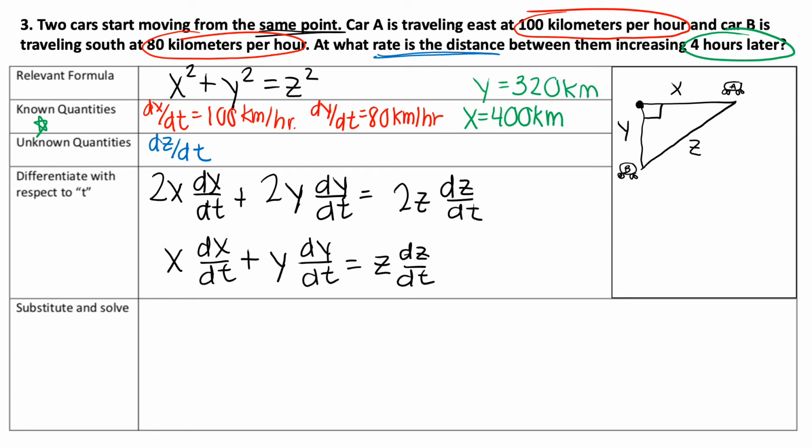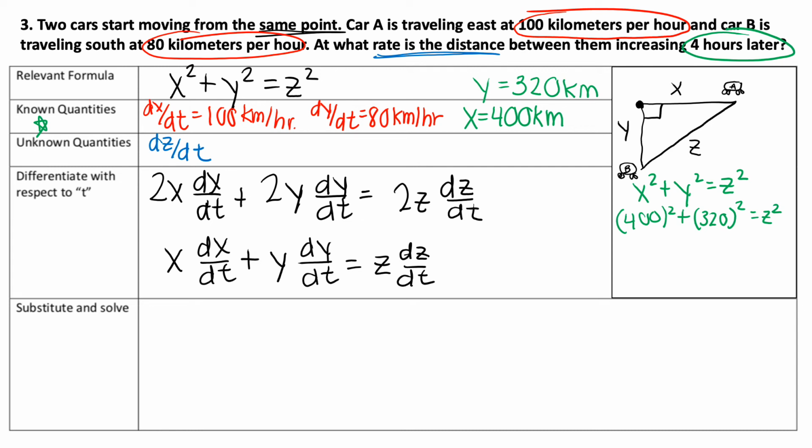And hopefully you've guessed it by now. To find our third value, we can go ahead and actually use the Pythagorean theorem. So we have x squared plus y squared equals z squared, so we have 400 squared plus 320 squared equals z squared. We're going to get some big numbers here. Let's do 400 squared plus 320 squared, and I'm going to square root this.